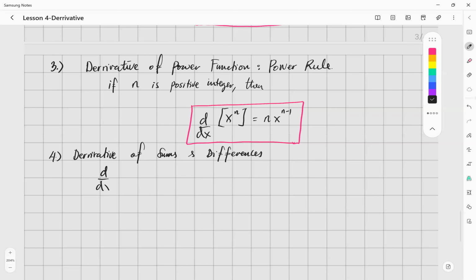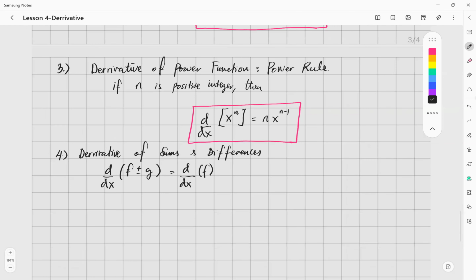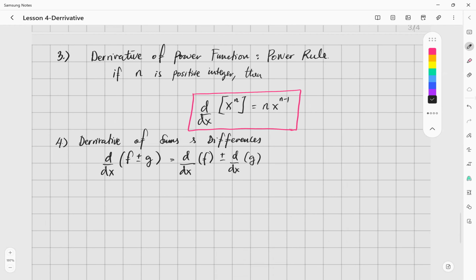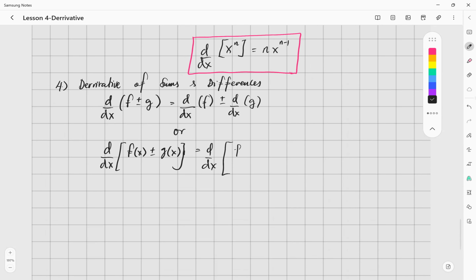If I have the derivative of two functions, f of x plus or minus g of x, then it is simply the derivative of the first function plus or minus the derivative of the second function.